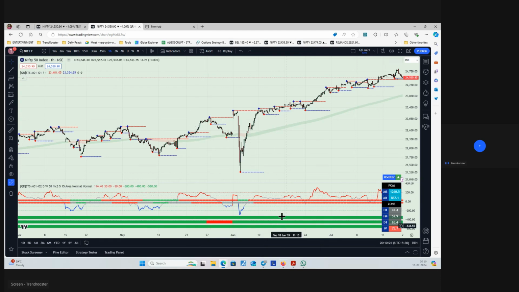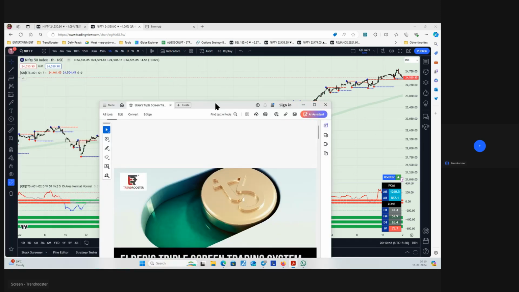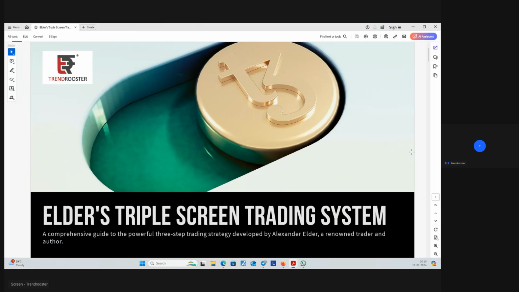But the trend and everything else is totally my own calibration, my own understanding, my own equilibrium, my own way of breakout. Everything is my own understanding, but the concept is actually from Alexander Elder's triple screen system. So let's go through it.